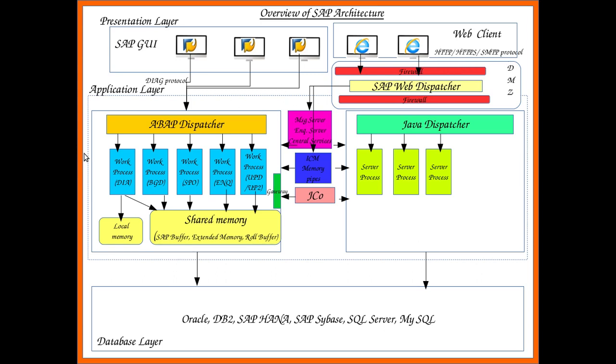In the application server, the server can have a single stack, meaning the ABAP stack only, or dual stack, meaning ABAP and Java stack both. Irrespective of any stack, the request from the client first hits the dispatcher.